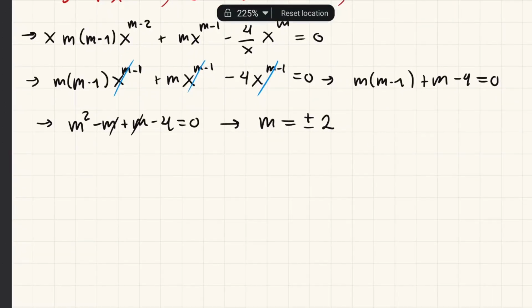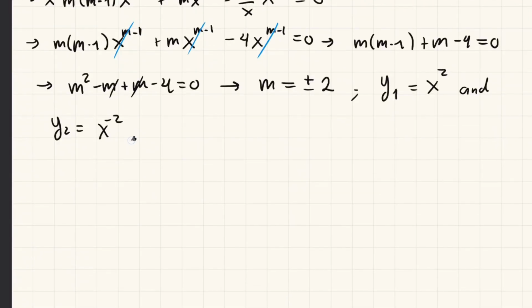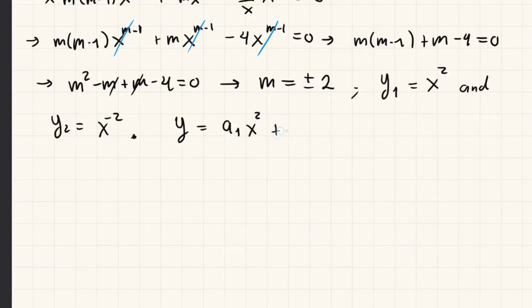This means that y1 is equal to x squared, and y2 is equal to x to the minus 2. From here, we can construct a solution of the form a1 times x squared plus a2 x to the negative 2.